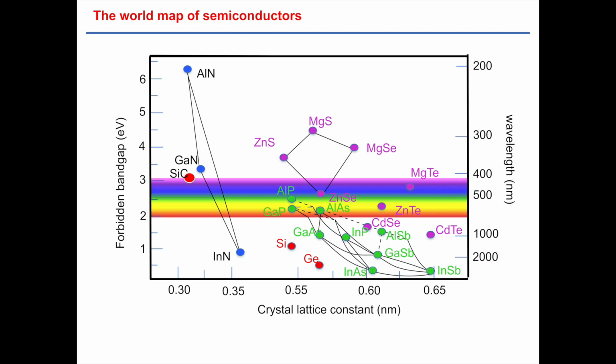So it's gallium nitride, aluminum nitride, or indium nitride, and the alloys. And by changing the composition of alloys, we can span the whole visible range. So it's a magnificent material system.